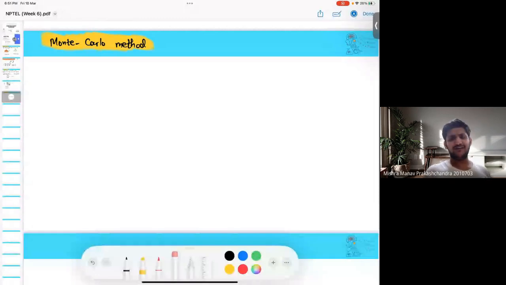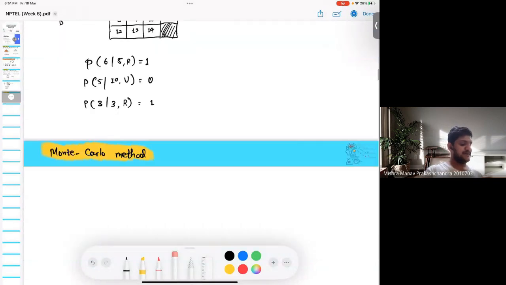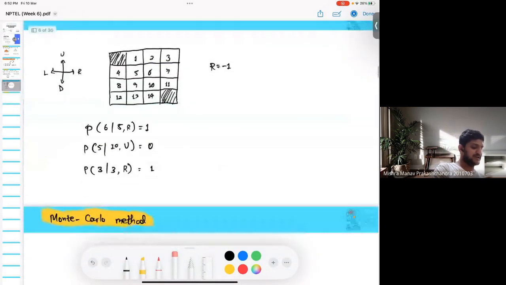Okay, so far what we have seen with a dynamic programming method is that we use the value estimate at step n to update the value at step n plus 1.